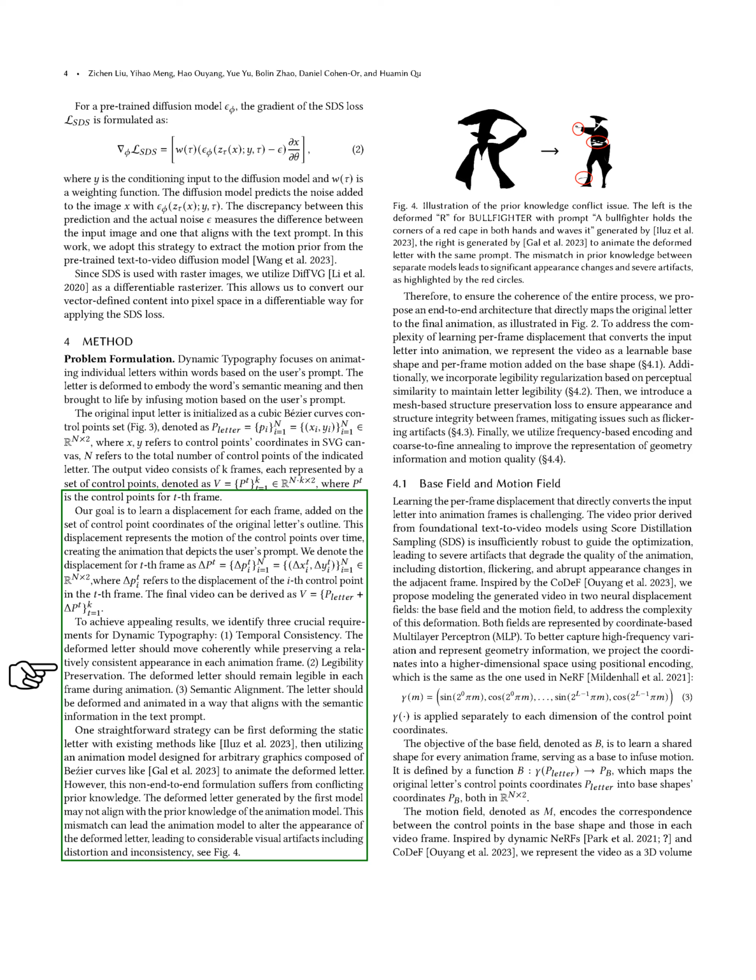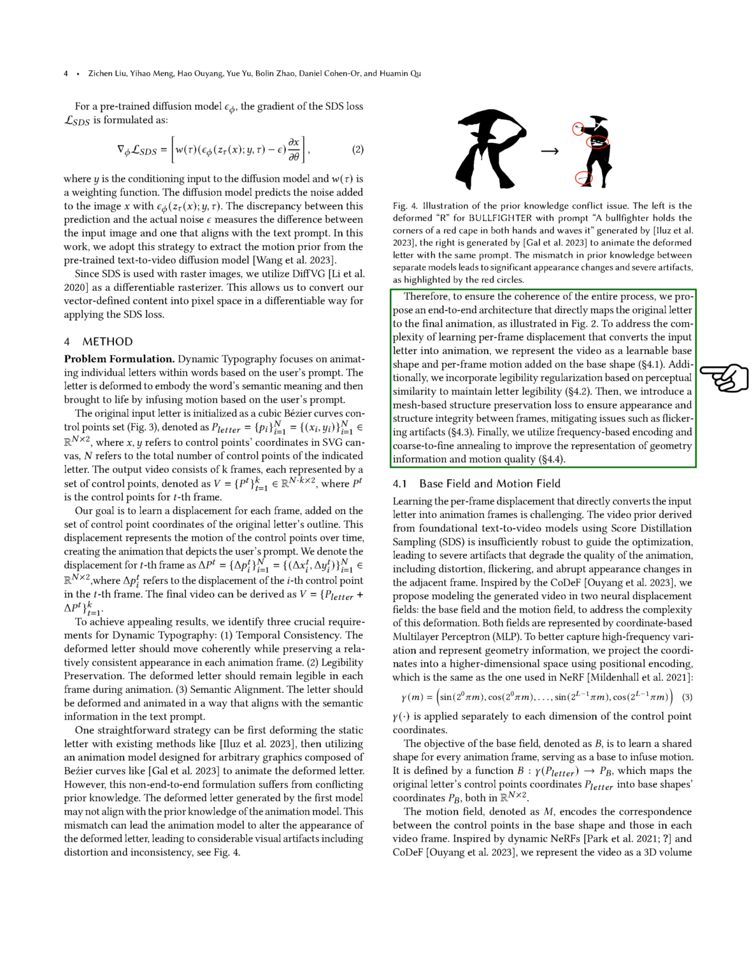text prompt. One approach is to first deform the static letter using existing methods and then use a model designed for graphics made of Bezier curves to animate the deformed letter. However, this method can lead to visual artifacts like distortion and inconsistency. To address this, we propose an end-to-end architecture that directly maps the original letter to the final video.